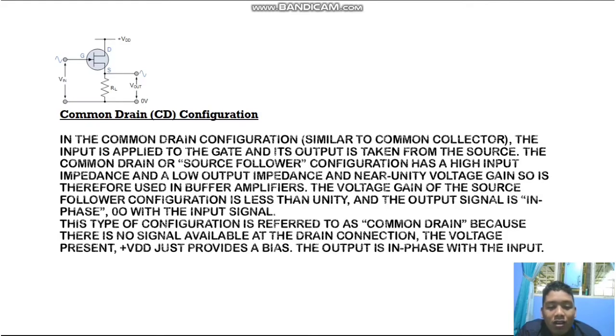The voltage gain of the source follower configuration is less than unity, and the output signal is in phase, 0 degrees, with the input signal. This type of configuration is referred to as common drain because there is no signal available at the drain connection. The voltage present, plus VDD, just provides a bias. The output is in phase with the input.